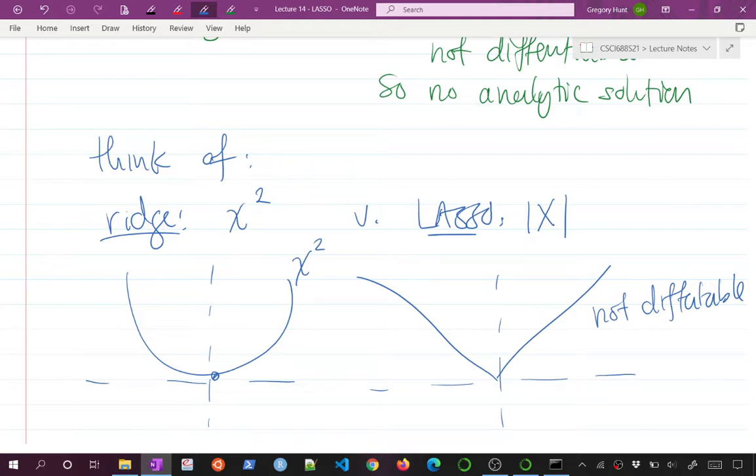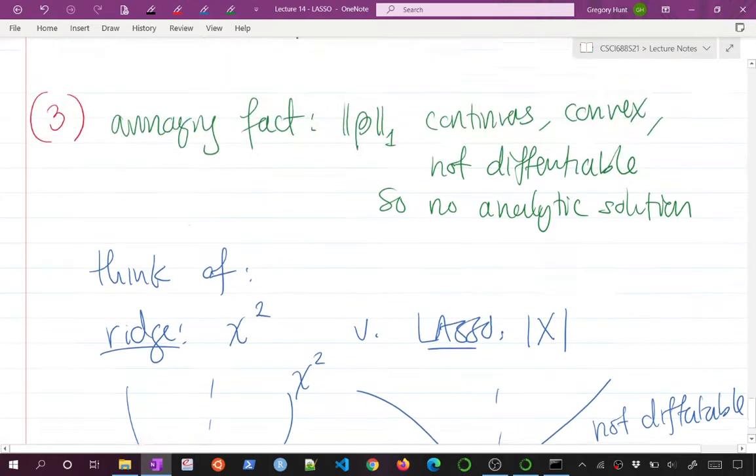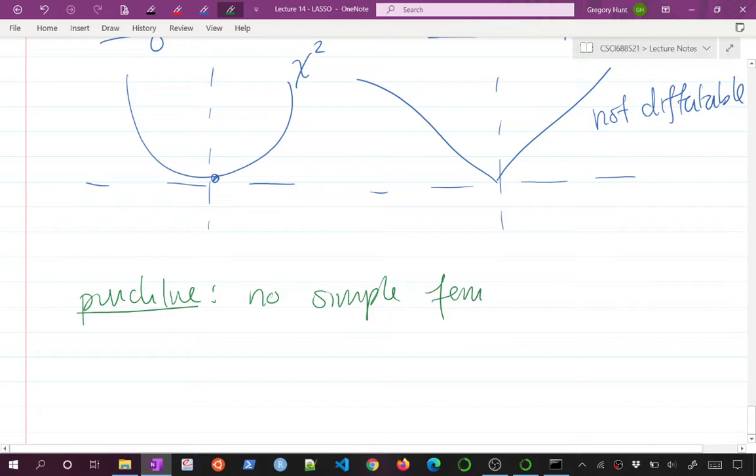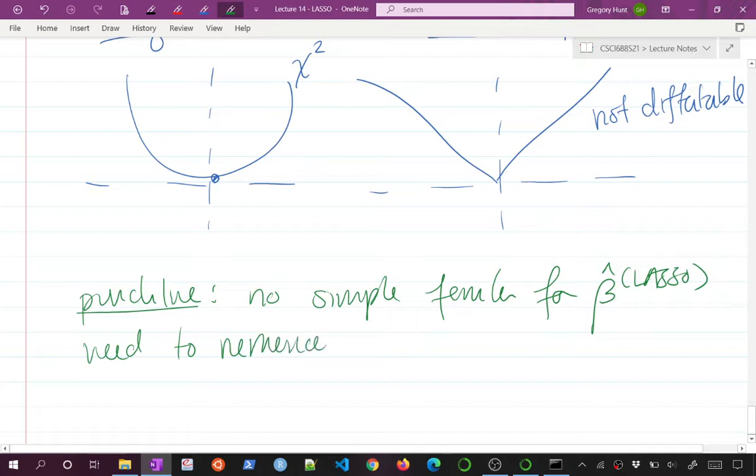But it will otherwise be amenable. So the punchline is: no simple formula for the lasso estimator. We need to, let's say, numerically solve with convex optimization.